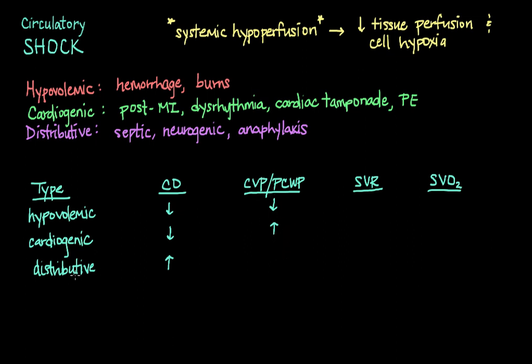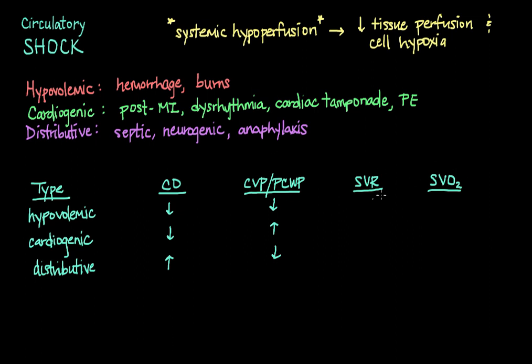So remember in distributive shock that there is systemic vasodilation, pooling of blood. So if you have systemic vasodilation, then your central venous pressure is going to go down, meaning your vasculature is dilated, which means the pressure exerted on that vasculature is decreased.